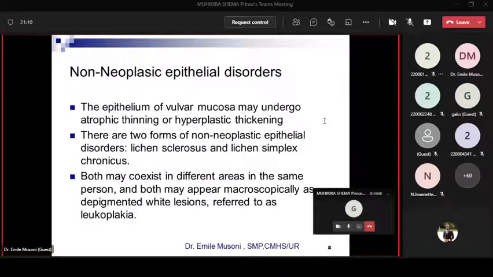There are some non-neoplastic epithelial disorders where there is atrophy of the vulva. This one is not very common. It is like the diseases of dermatology where there is lichen sclerosus, lichen simplex.